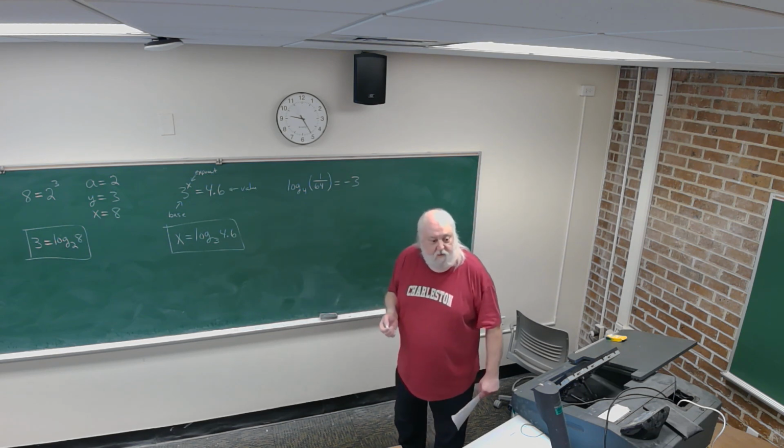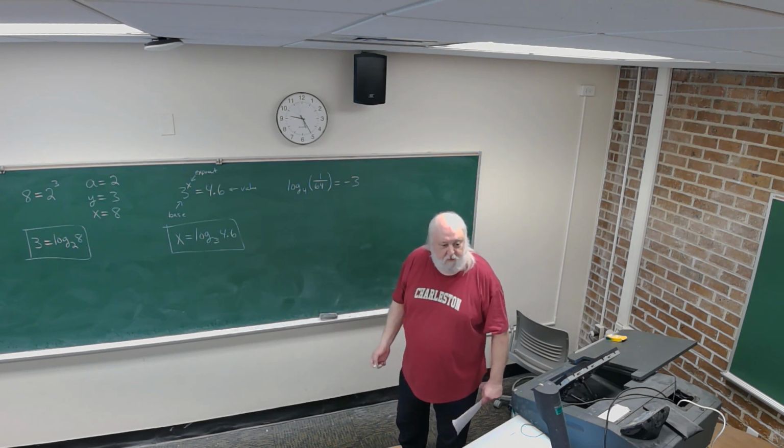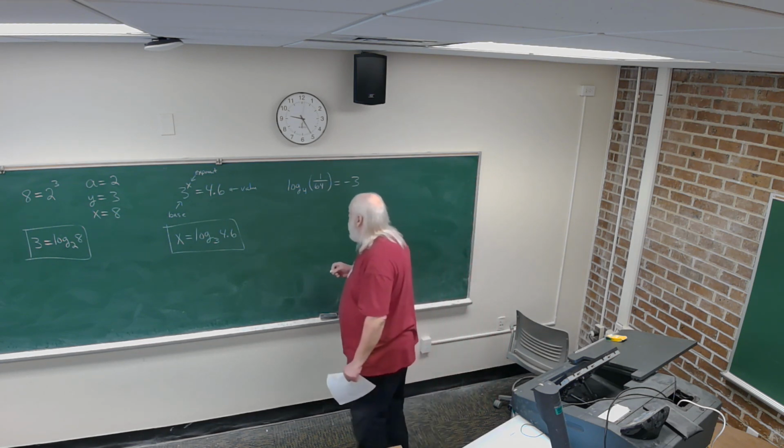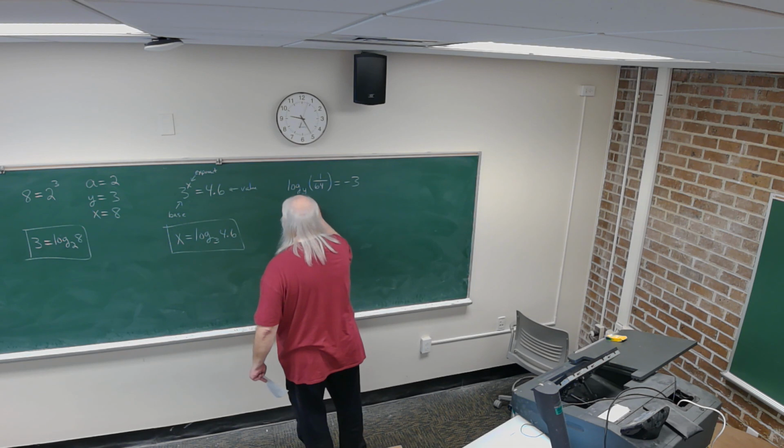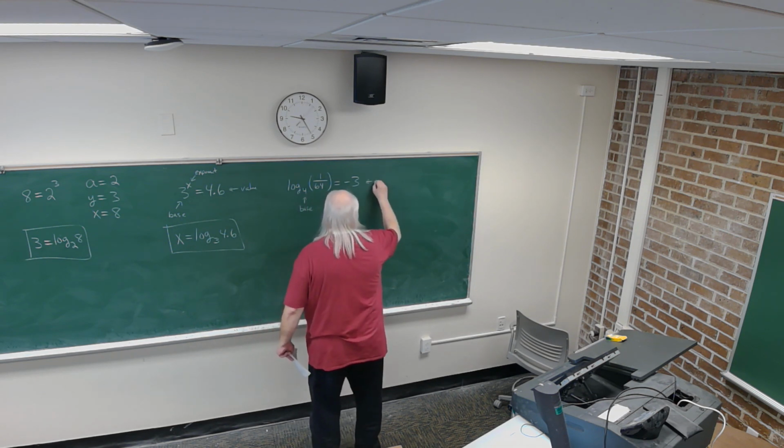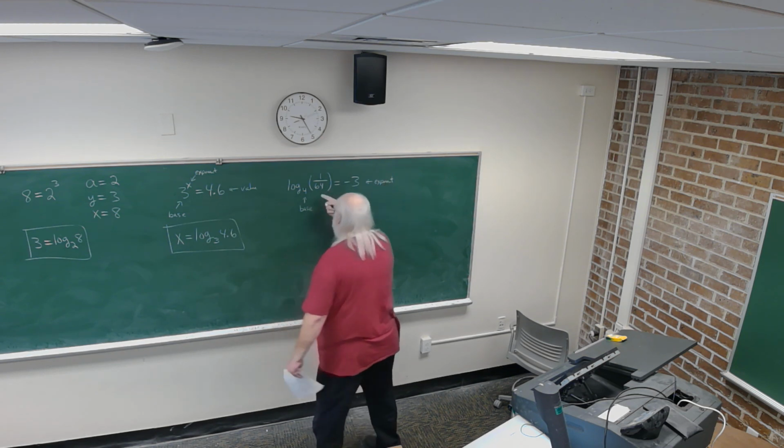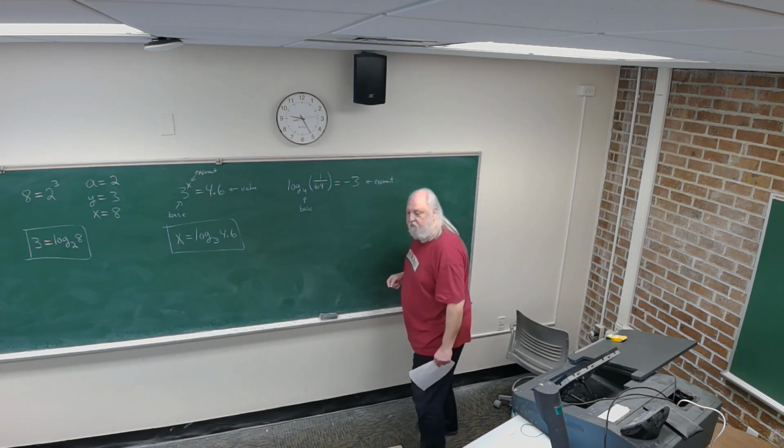By converting it to the equivalent exponential statement, you know whether the logarithmic statement is true or false. So 4 is the base, minus 3 is the exponent, and 1/64 is the value of the exponential.